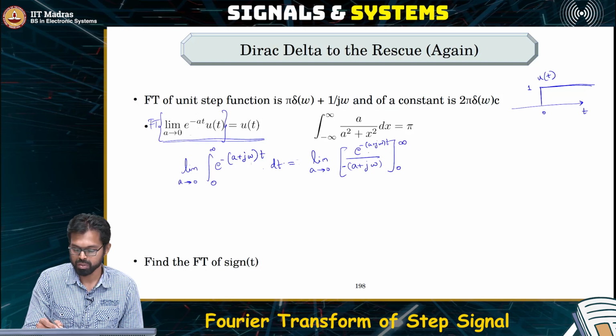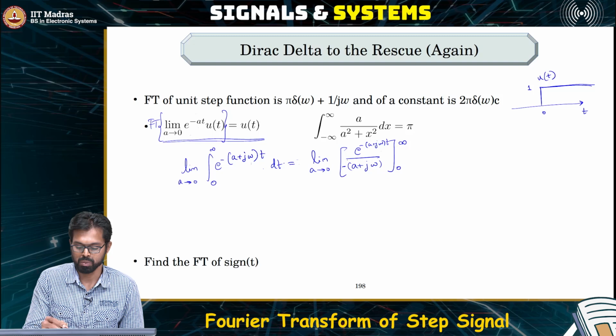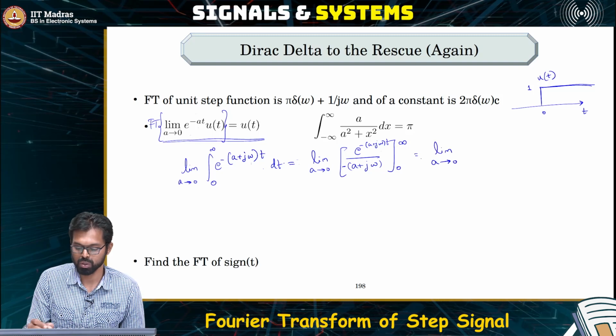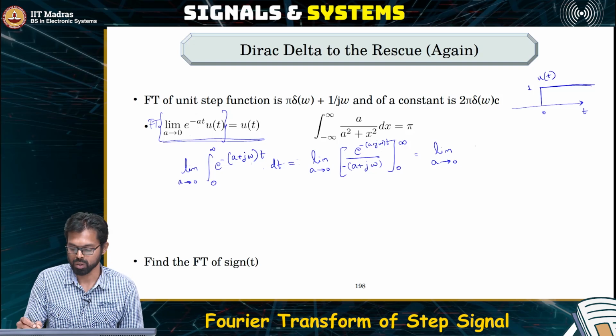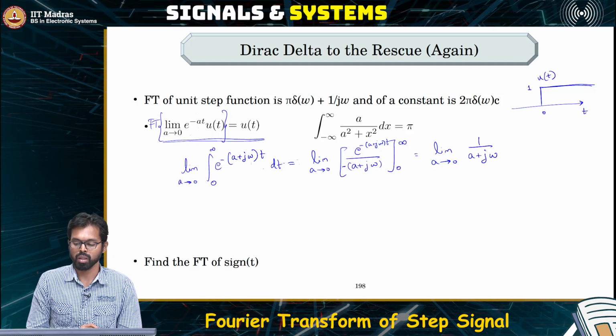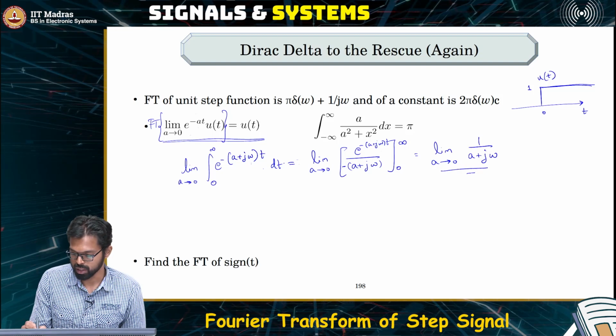When you substitute infinity, you get just 0 here, and when you substitute 0, you get limit a tends to 0 of 1 by (a plus j omega). So this is the Fourier transform. Now we have to apply the limits here.